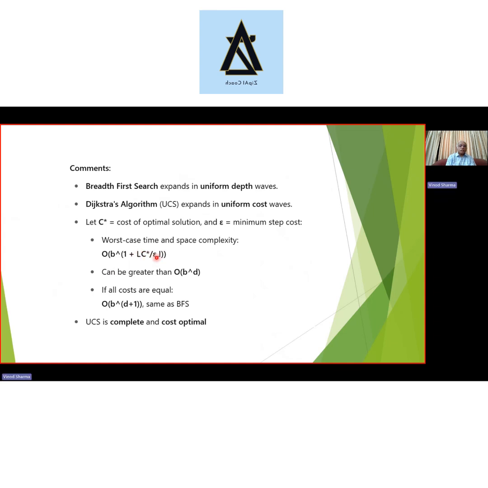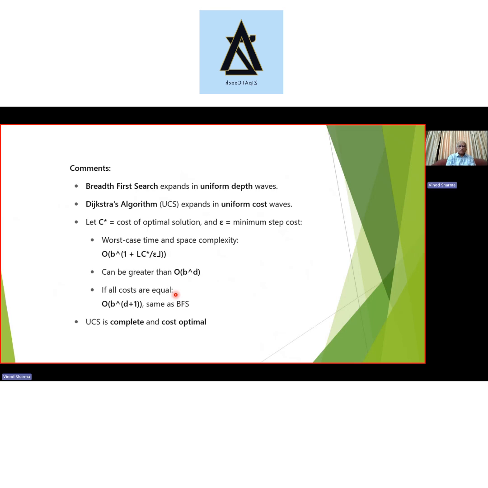You take the floor of that, the largest integer less than or equal to C star by epsilon. So the worst case complexity is order b raised to power 1 plus this quantity. It can be greater than order of b raised to power d, which was the complexity of the breadth-first.